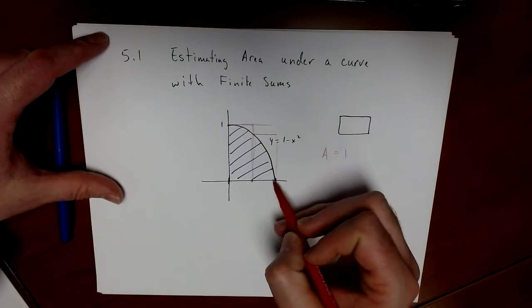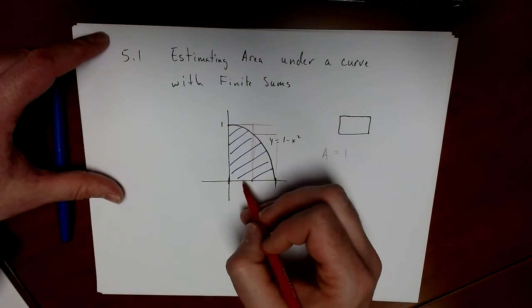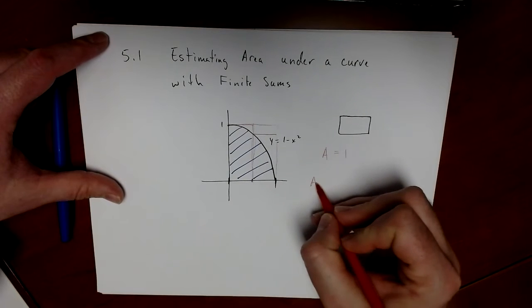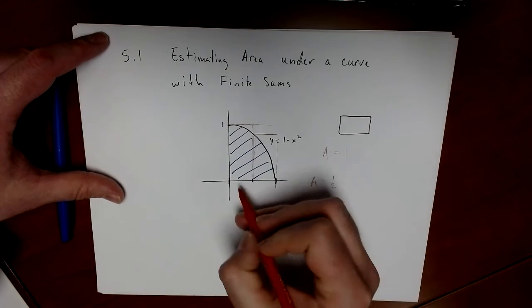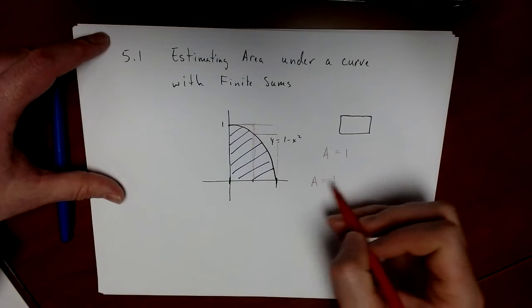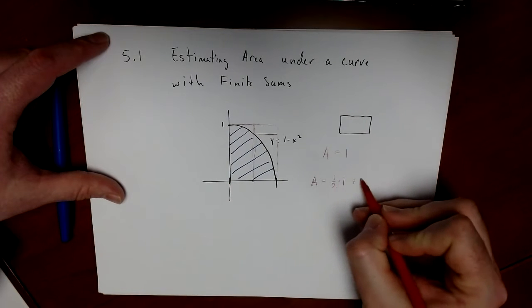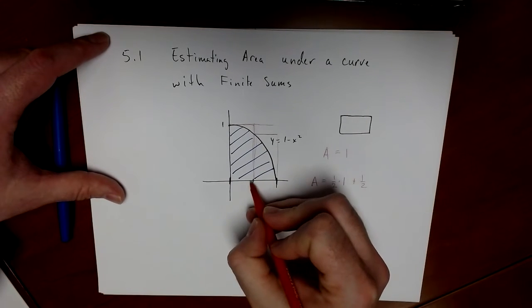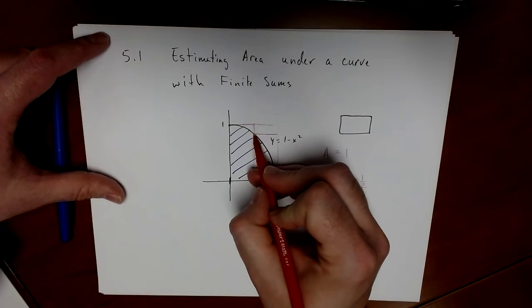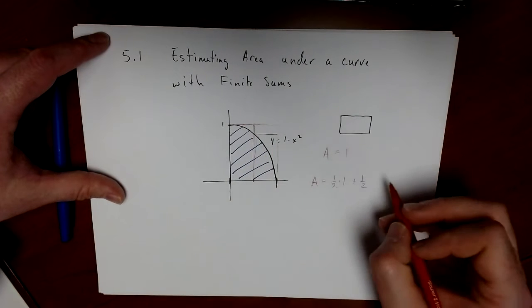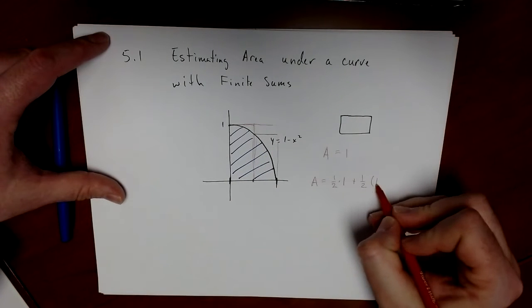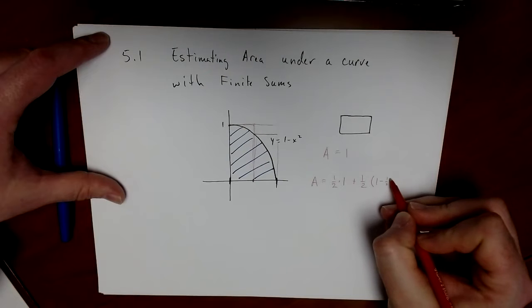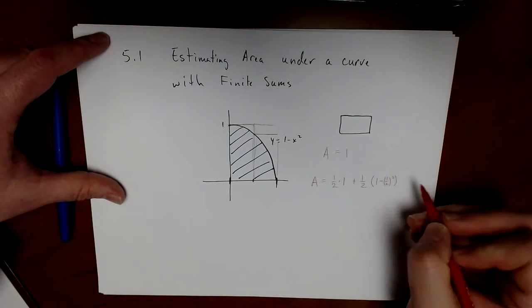So now I get the area of this is equal to 1/2 (the base of the first rectangle) times 1, plus 1/2 (the base of the second rectangle) times the height here. Well, the height here is determined by the curve, so that's going to be 1 minus 1/2 squared.